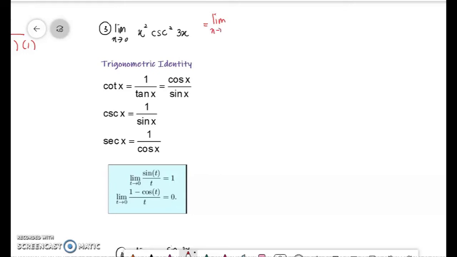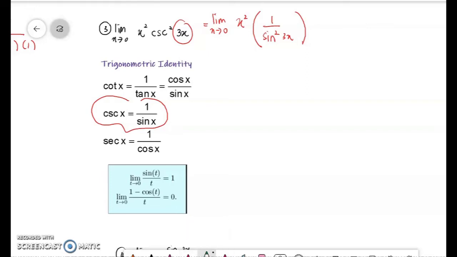So you have x squared, and cosecant becomes 1 over sine squared 3x. When you substitute 0 for x, you get 0 over 0.